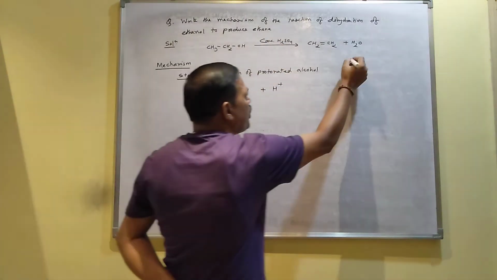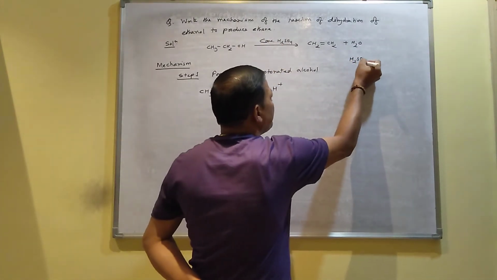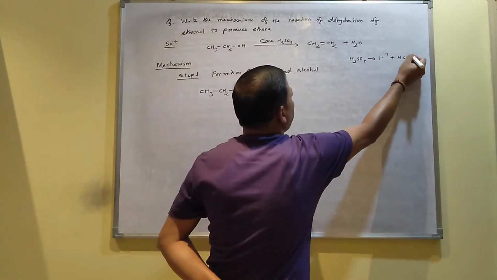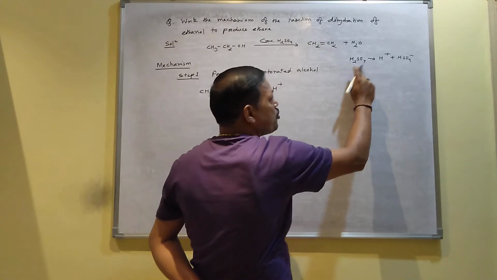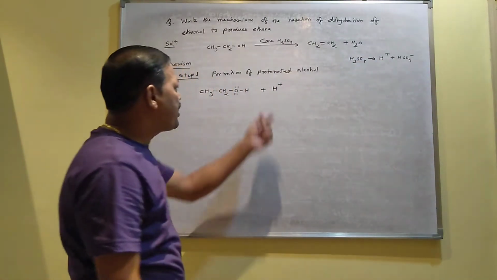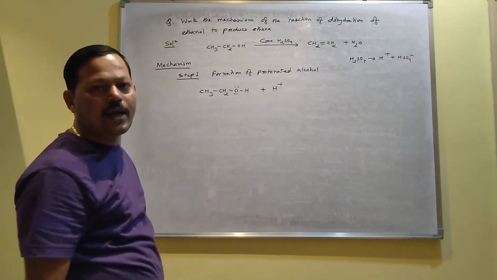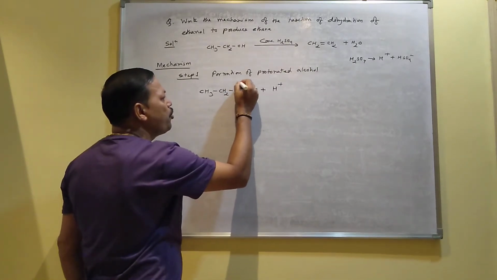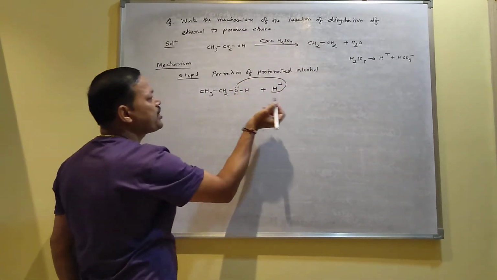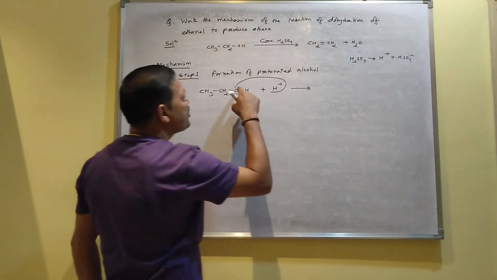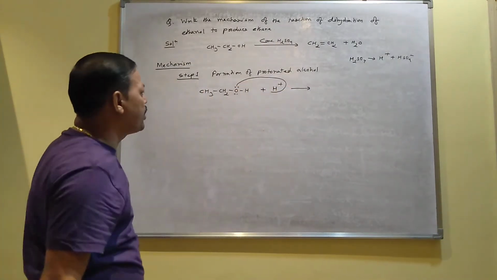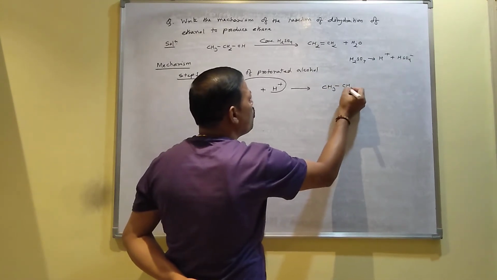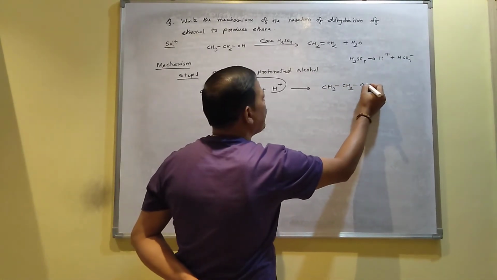You know, when sulfuric acid undergoes breaking, it produces H plus and HSO4 minus. And since it is an acid, it always releases H plus ion, and that H plus ion combines with the alcohol. Oxygen contains lone pairs of electrons, and a lone pair will take the H plus ion from the acid and form a bond with hydrogen. So that is why you will get a protonated alcohol like this.